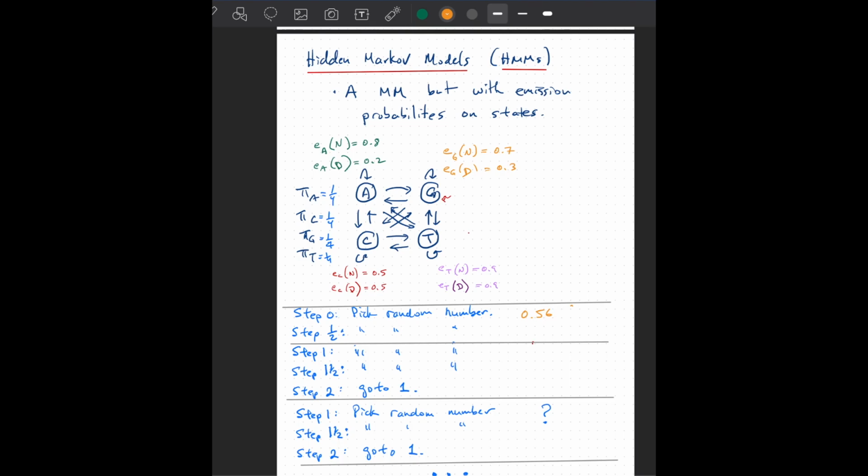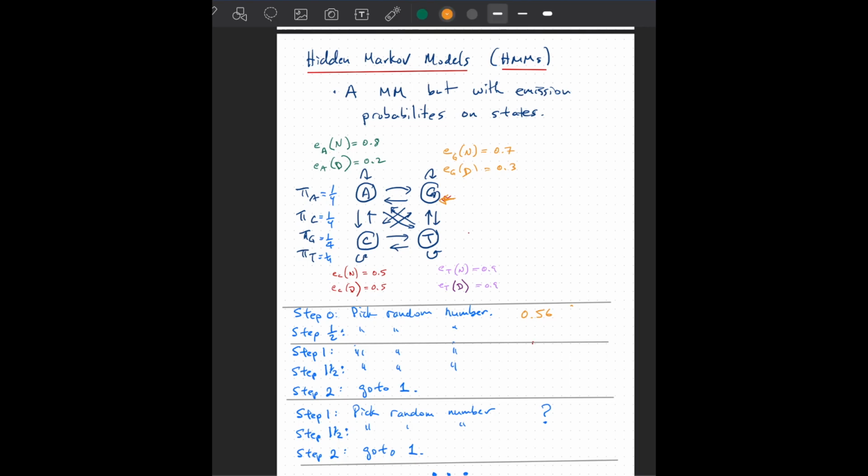Now I might say, okay, well, because it's above 0.5 and below 0.75, I start in state G, okay? So I start in state G, and now what I do is before I transit to the next state, like I would in a normal Markov model, now I roll the die again, and with probability 0.7, I emit an N, and with probability 0.3, I emit a D.